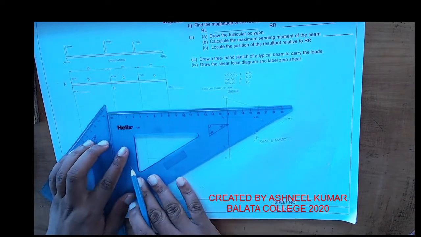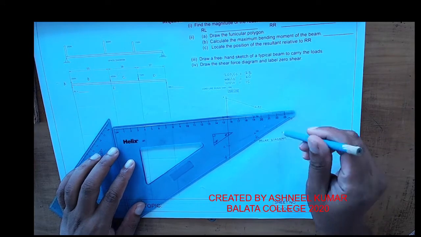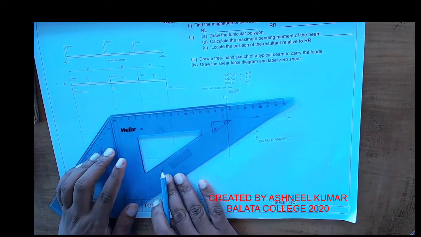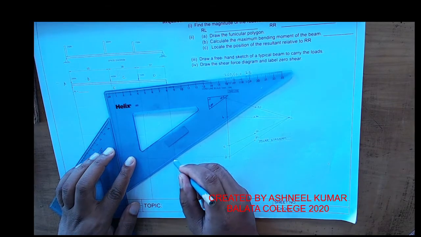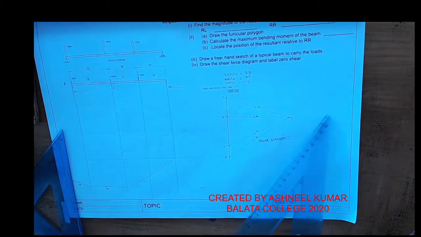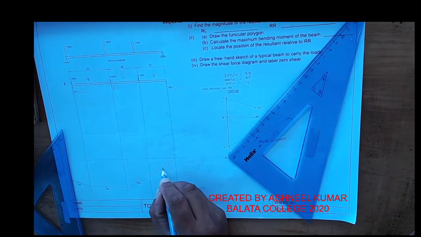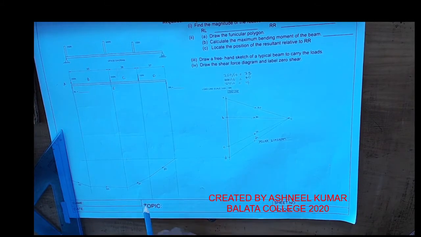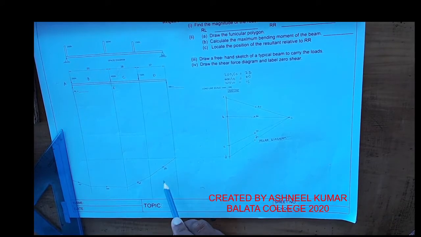And then you can take D0. But as you can see, your C0 is between these two forces and your D0 is between these two forces.